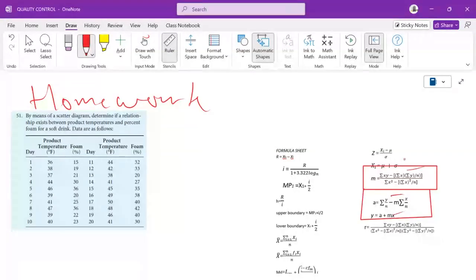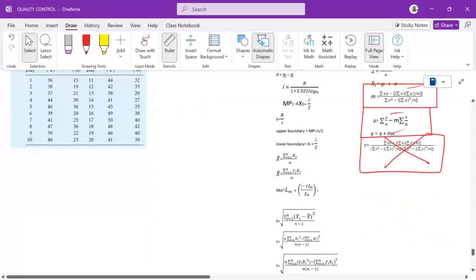Then done. I'm not sure they'll ask for regression. So now that's your scatter plot done.